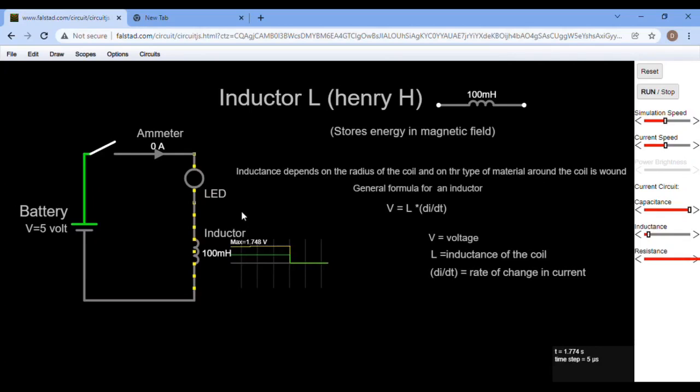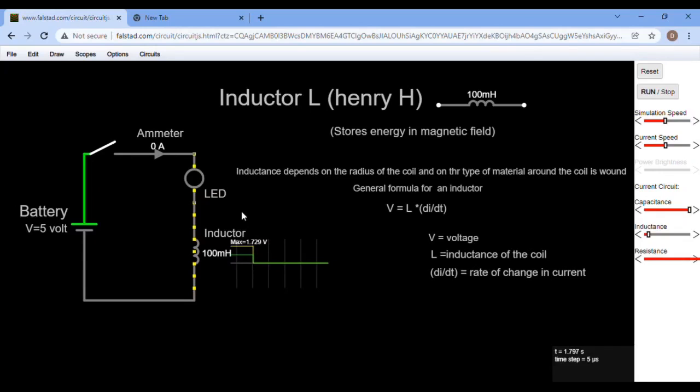In the same way, self means one inductor. Mutual inductance means there are two of them, right? So you will have two inductors facing each other. That is known as mutual inductance, and mutual inductance mainly plays a part in the transformer. As you know, the transformer works on the principle of mutual inductance.